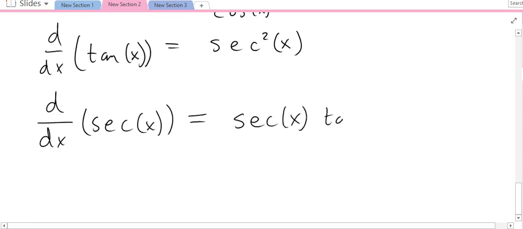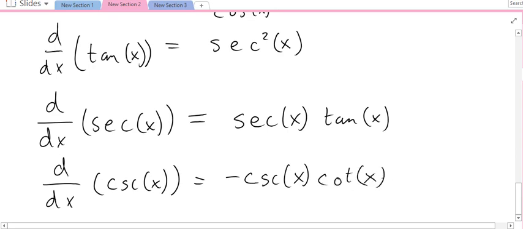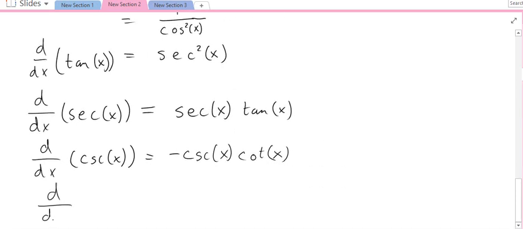The derivative of cosecant of x is negative cosecant of x times cotangent of x. And the last function we would need is cotangent of x. When we do that, we get negative cosecant squared of x.